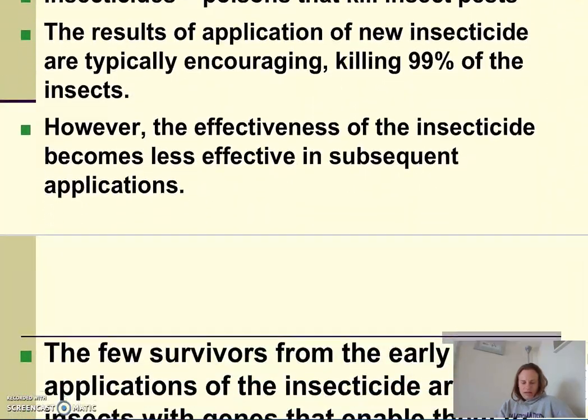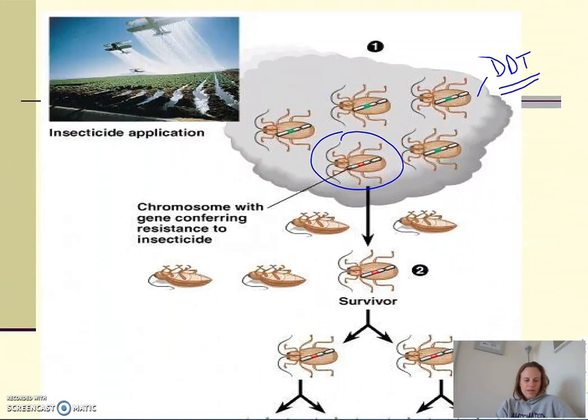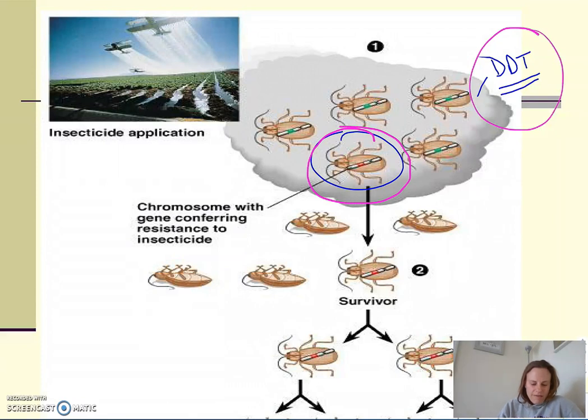So first, let's tackle insecticide resistance. So for example, DDT was an insecticide that was sprayed to kill insects. Now, there were variations among these insects, and some of these insects had a favorable variation. It was a gene that contained the resistance to that pesticide.